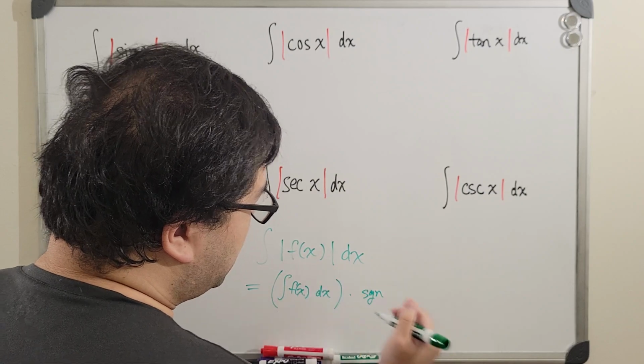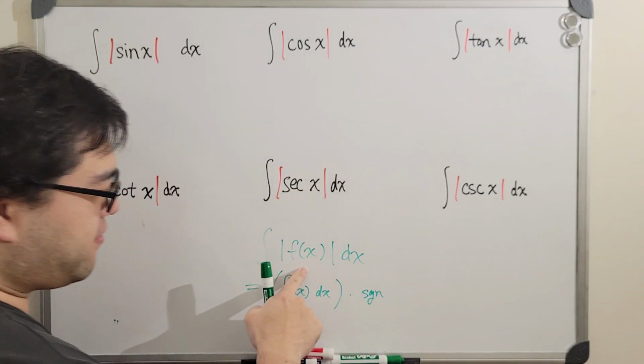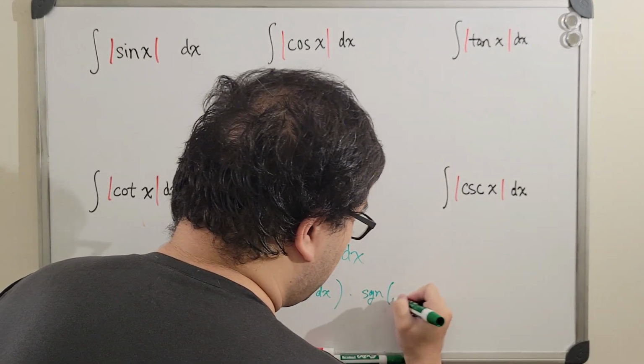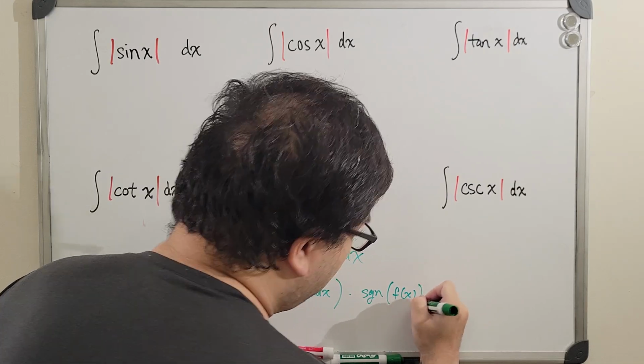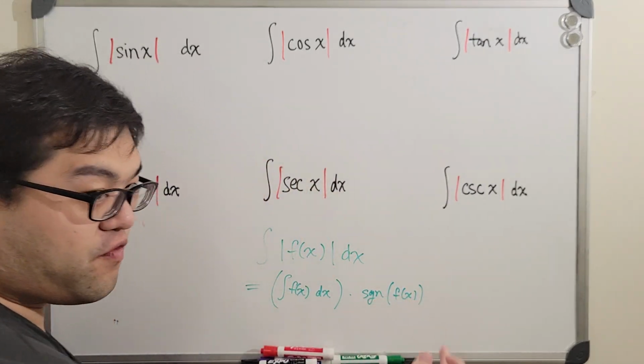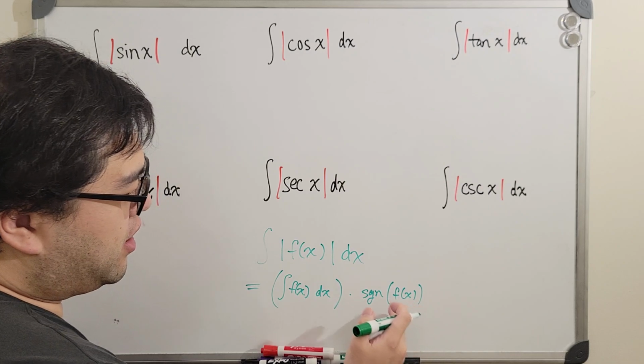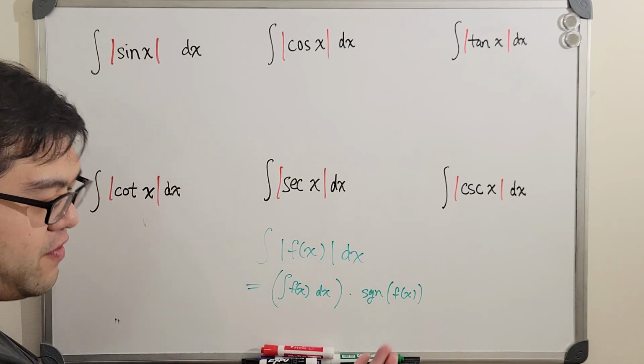of the function itself. In other words, we can technically rewrite the sign of the function as the function over the absolute value of the function.